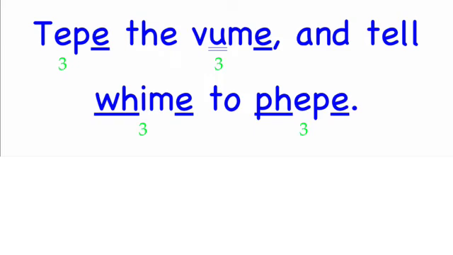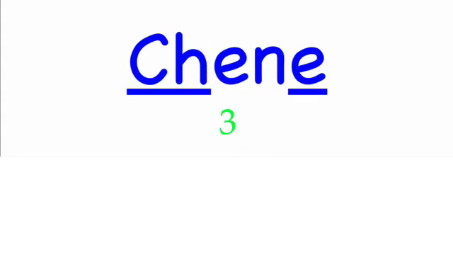Sentence 7. Cheen and Throke gave all of us the weeb. Cheen, three sounds. Ch, E, N. Cheen.